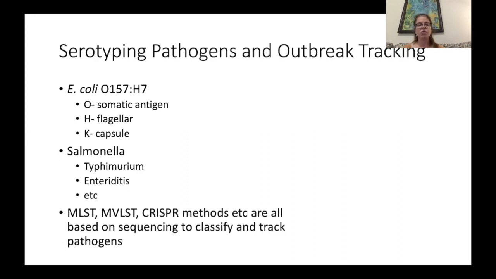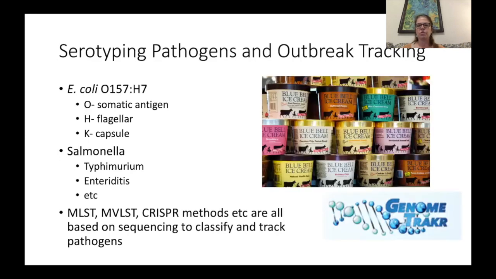And there are also a variety of other methods that are DNA based that either use sequencing or are linked in some way to sequencing, used to classify and track pathogens in many, many different types of applications.